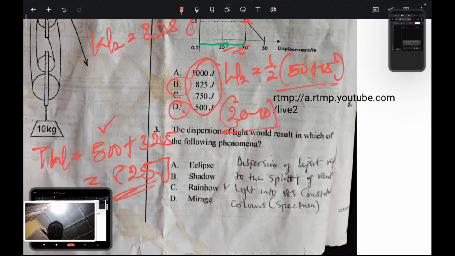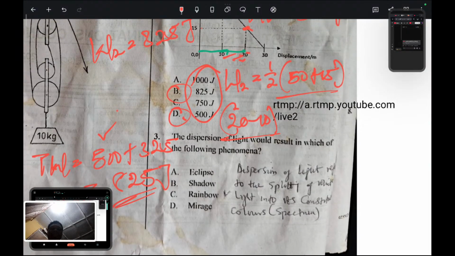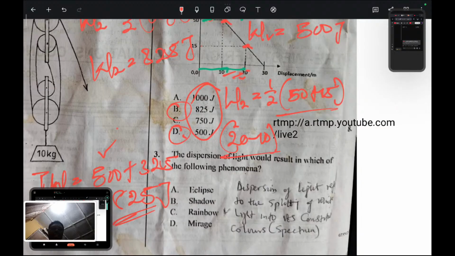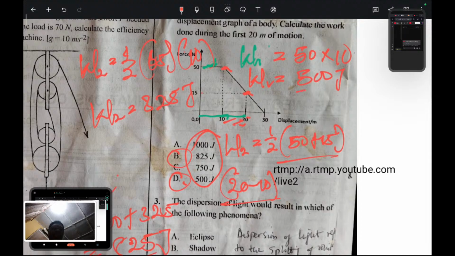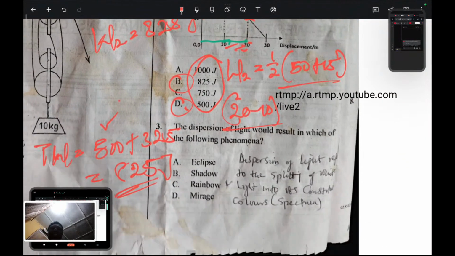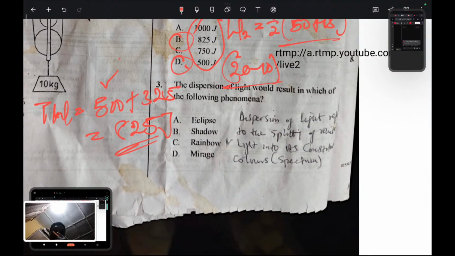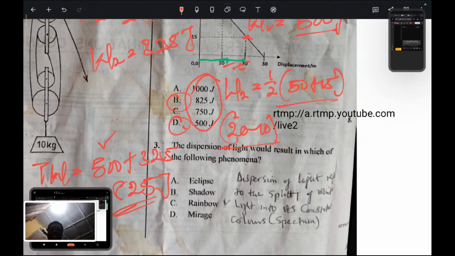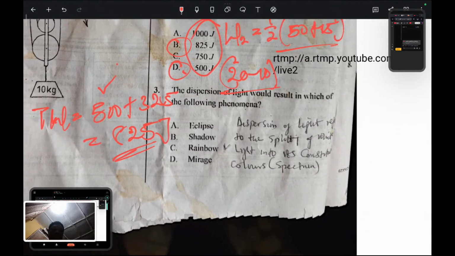So if you are very meticulous with your solving, make sure you solve to the end. Don't just rush. If it's somebody else, he will stop here because it is in the options. But you should understand the main concept and how these problems are being solved. I hope you are following. So please, that is the solution to this problem.